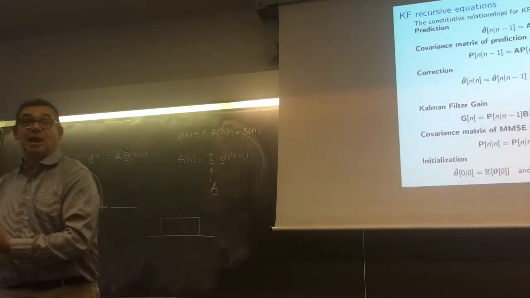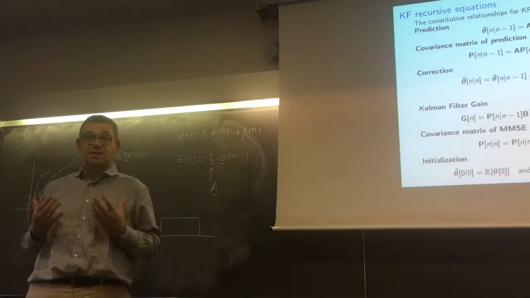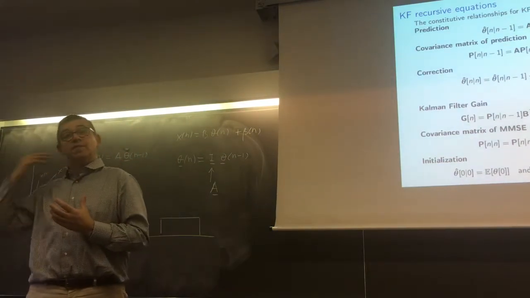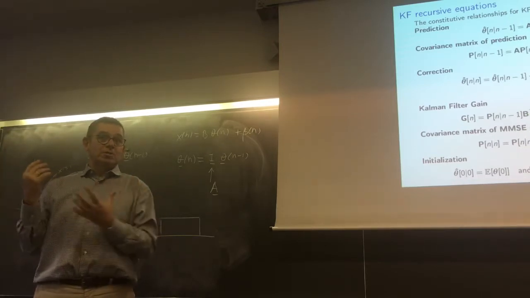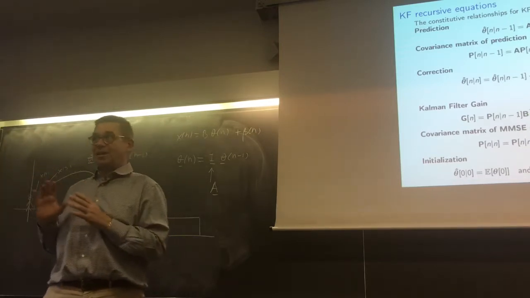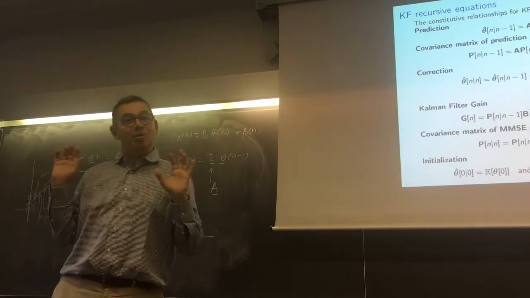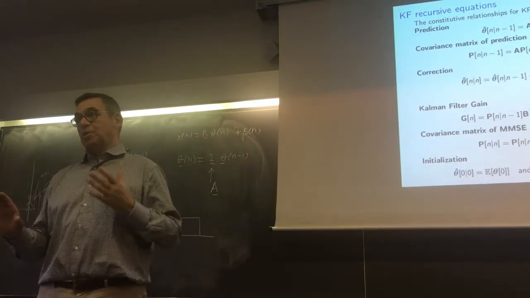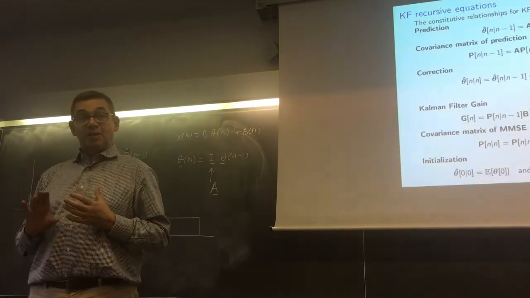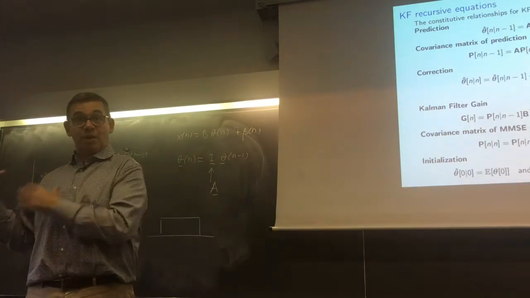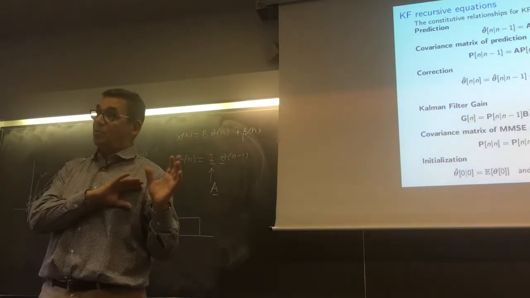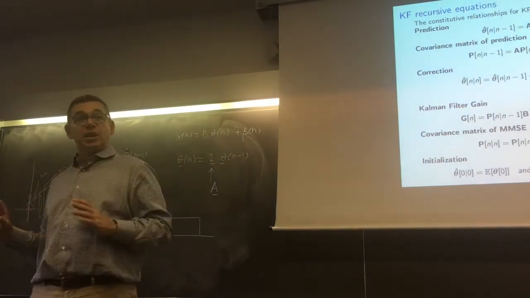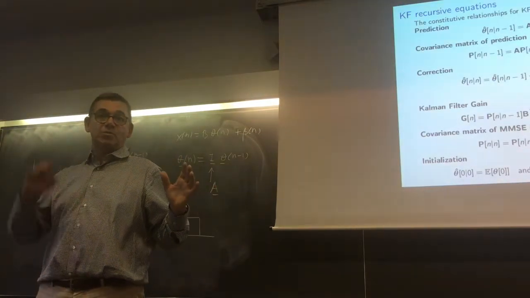Because the central limit theorem says that if you sum an infinite number of independent random variables with comparable dispersion, asymptotically this sum behaves as a Gaussian.